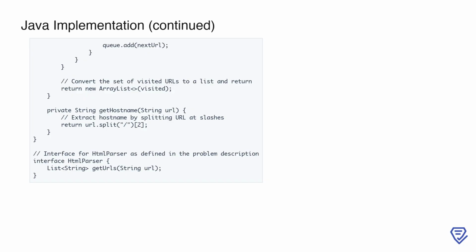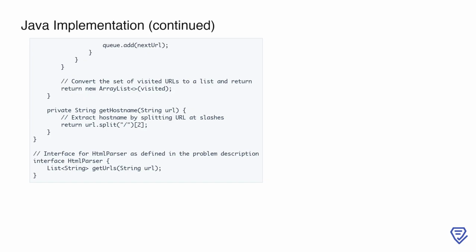This method is key to ensuring that we only crawl URLs belonging to the same domain. Additionally, the HTML parser interface is defined as specified in the problem, providing the getURLs method to fetch links from a given URL. With this implementation, the web crawler efficiently handles the domain filtering and breadth-first search traversal required by the problem.